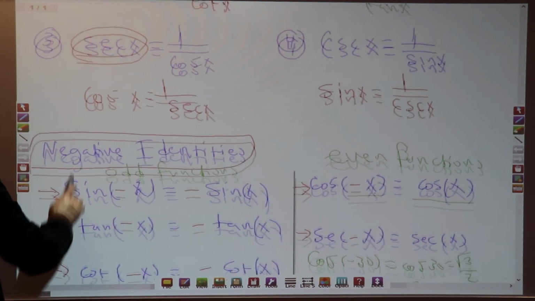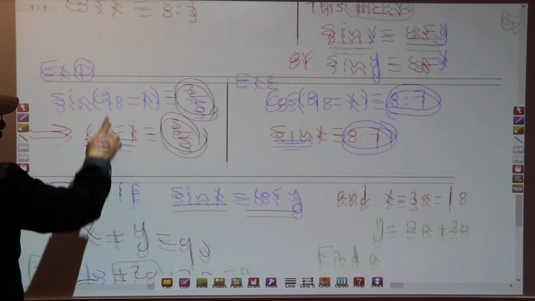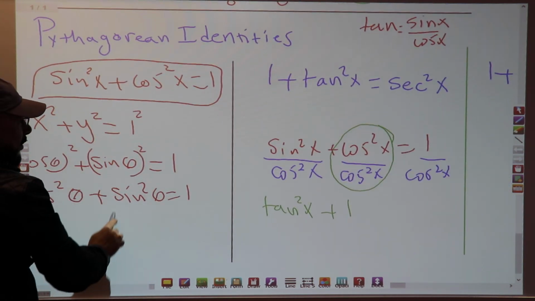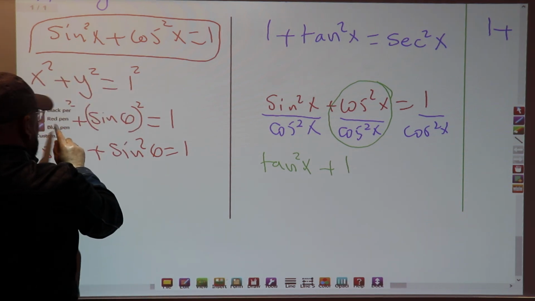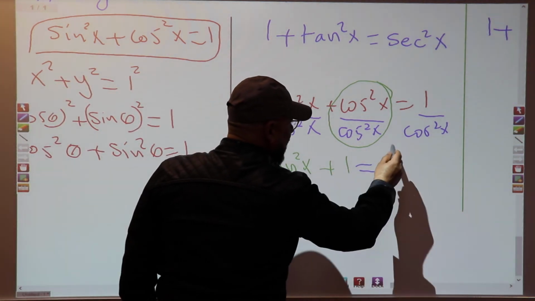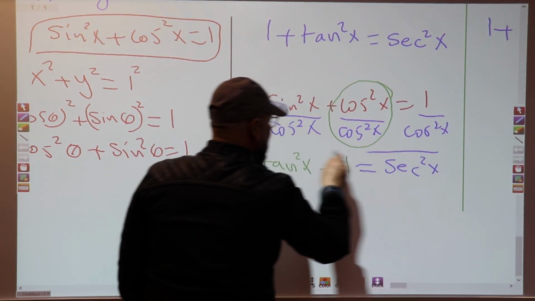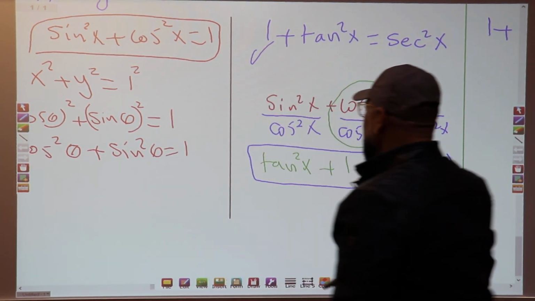Go back and replace 1 over cosine by secant. Now you know what we got, which is the same as secant square x. Then we are true. Then this is true. Good.